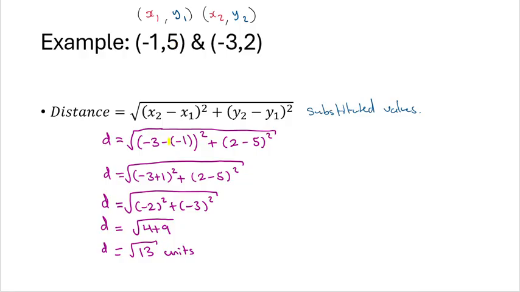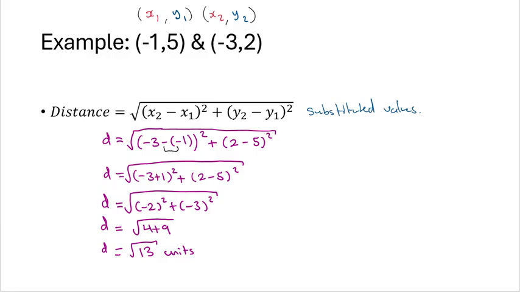Now, if you clean this up, the double negative situation turns into a plus sign. So it now becomes (-3 plus 1) squared plus (2 minus 5) squared, just like that. When you start simplifying, -3 plus 1 is -2, and 2 minus 5 is -3.